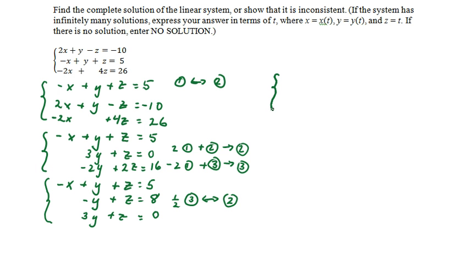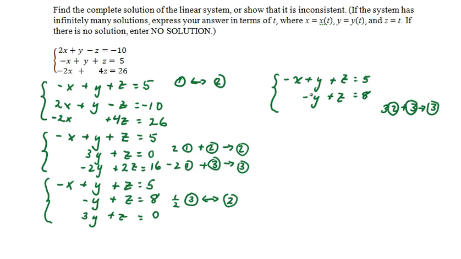Now I'm going to eliminate the y from equation 3. I recopy equation 1 and 2. And I take 3 times equation 2, add it to equation 3 to make that our new equation 3.